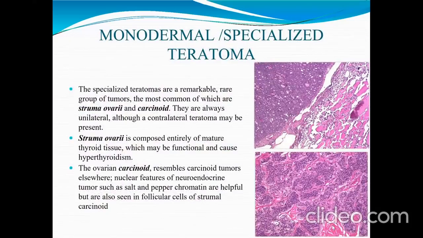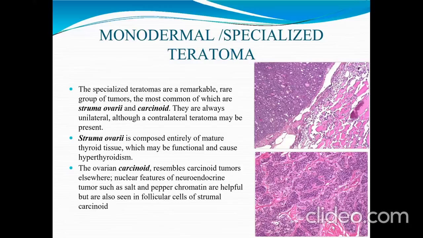And lastly, under the category of teratoma, we have monodermal or specialized teratomas. The specialized teratomas are a remarkably rare group of tumors, the most common of which are struma ovarii and carcinoid. They are always unilateral, although a contralateral teratoma may be present. Struma ovarii is composed entirely of mature thyroid tissue.